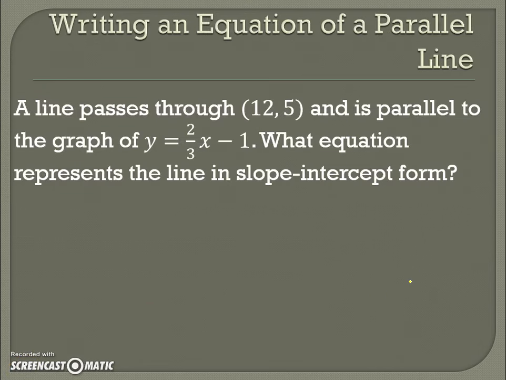Writing an equation of a parallel line. It says a line passes through (12, 5) and is parallel to the graph of y equals 2/3 x minus 1. What equation represents the line in slope-intercept form? The quickest way to do this is to use point-slope form.